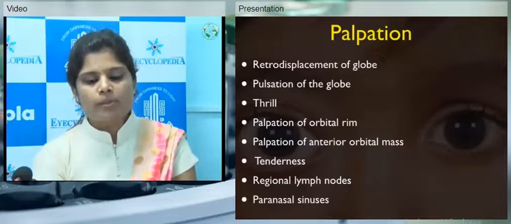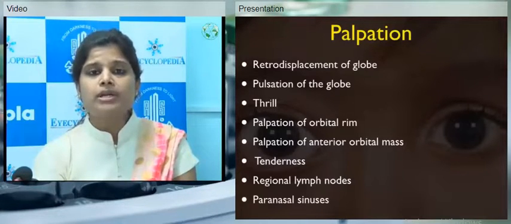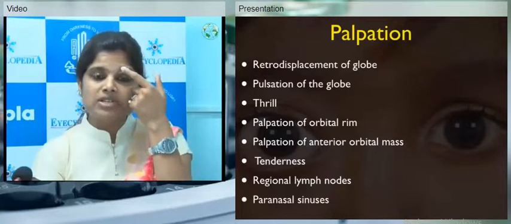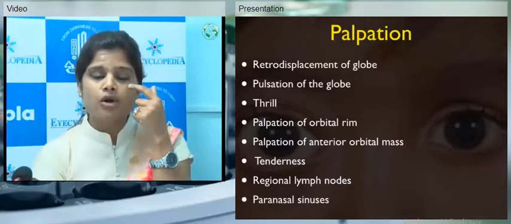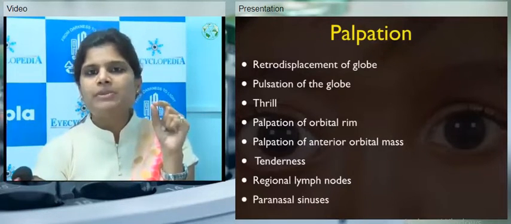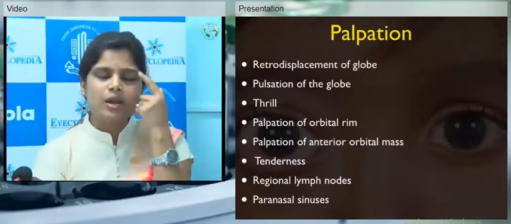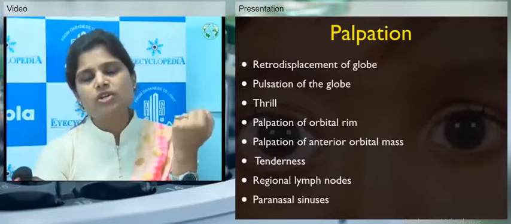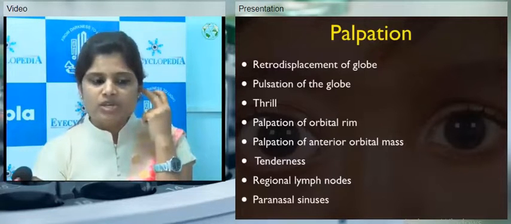Then palpation of the orbital rim is very important, because this again gives you a clue. The orbital rim can be palpated just by passing the index finger along it. If the patient has tenderness along the orbital rim, it is either because of infection or inflammation.